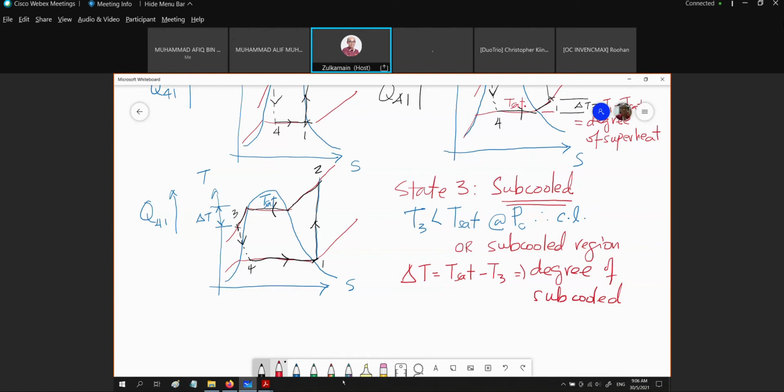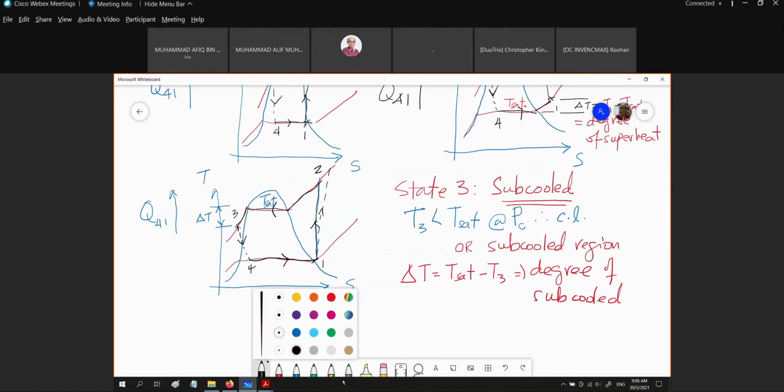So on this compressor side, sometimes we could have the isentropic efficiency. If we have the isentropic efficiency, then our beginning of condensation process will begin at 2. So this is our 2, and this is our 2s.